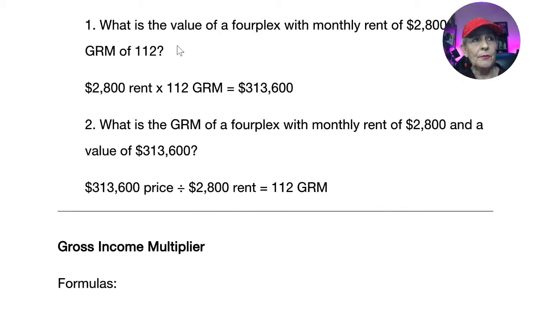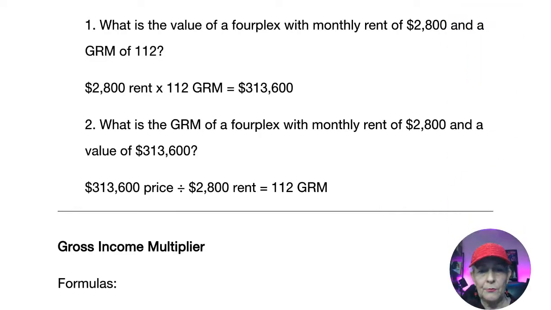Example: what is the value of a fourplex with monthly rent of $2,800 and a gross rent multiplier of 112? So the rent is $2,800 times the 112 gross rent multiplier.